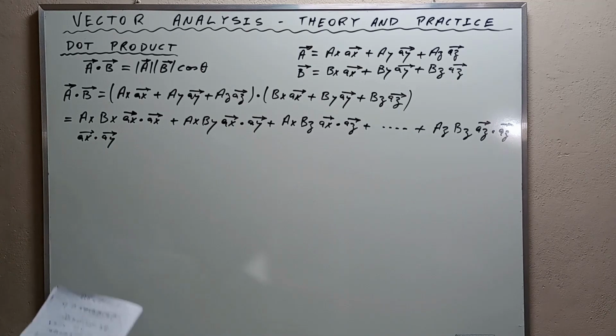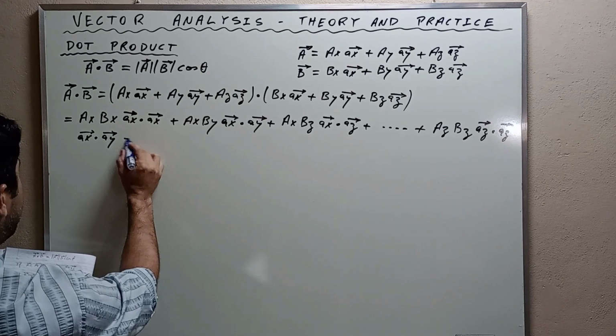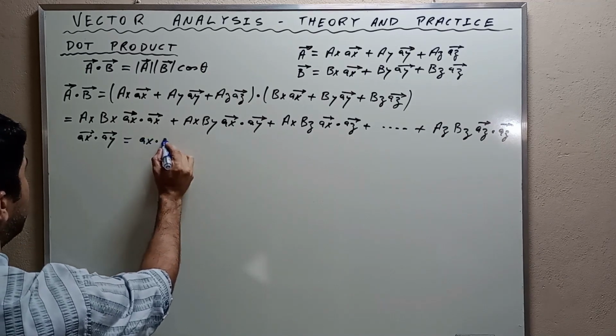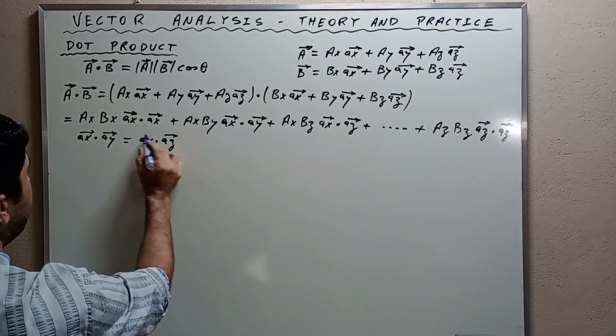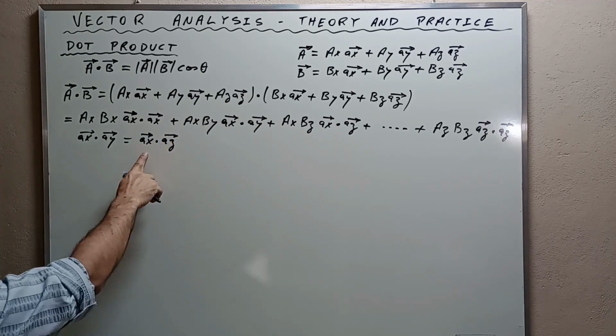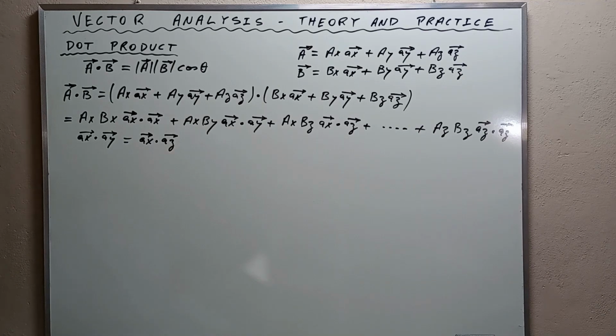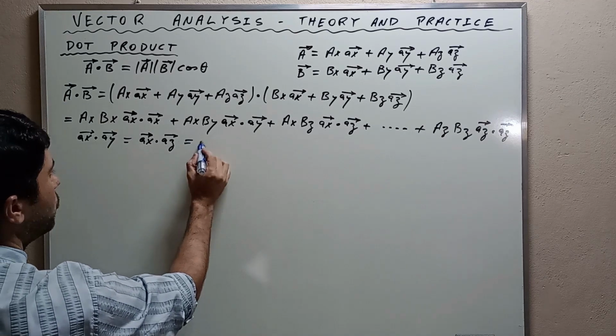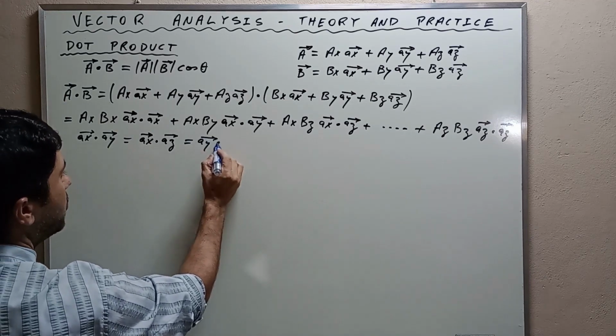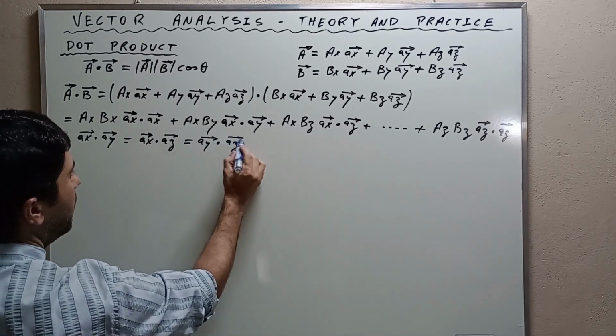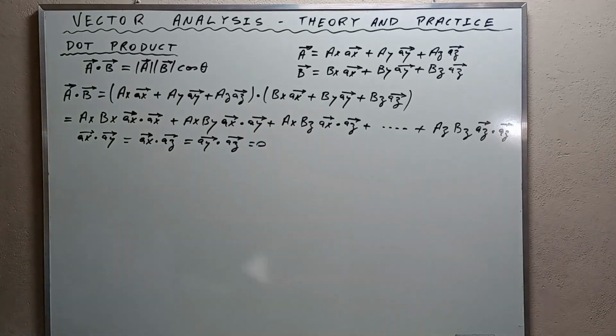It is equal to 0, which is the same as AX in a dot product with AZ. If we do AZ dot AX, change the position, won't change the result. And it is also equal to AY in a dot product with AZ. And this is equal to 0 because the cosine of the angle between them is 90 degrees. And we know that the cosine of 90 degrees is 0.